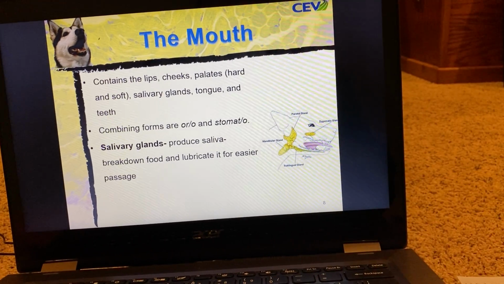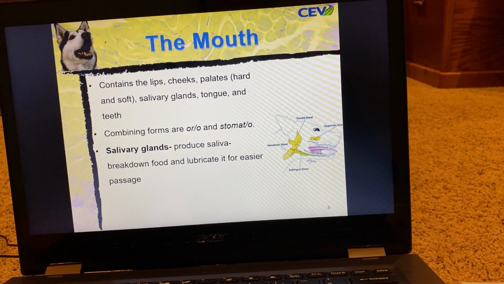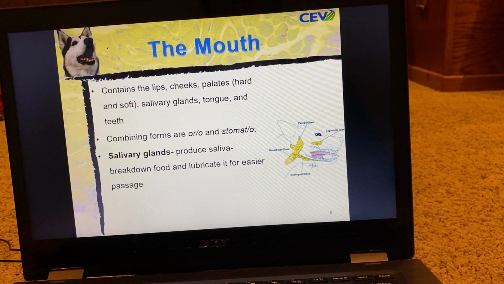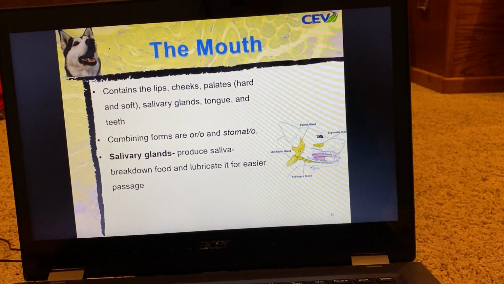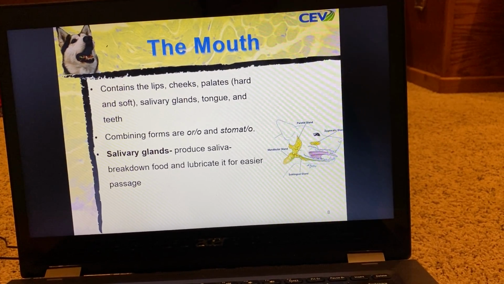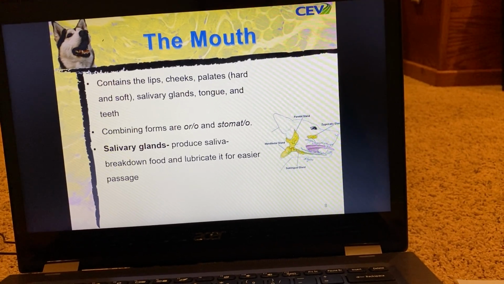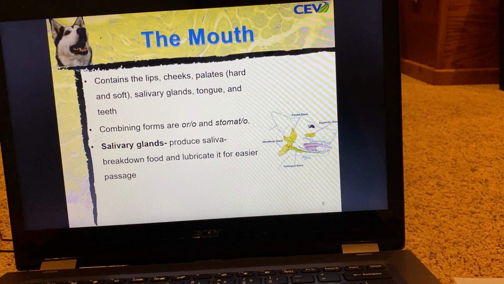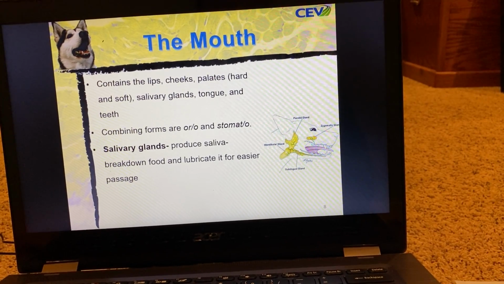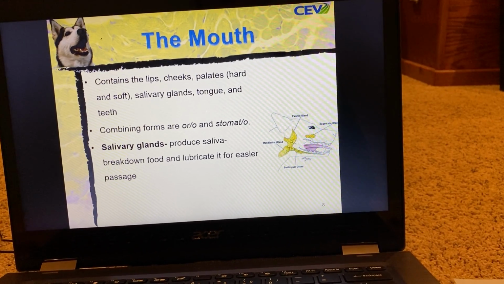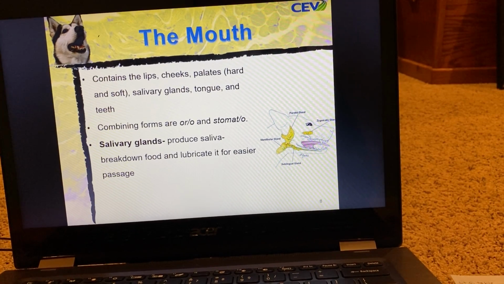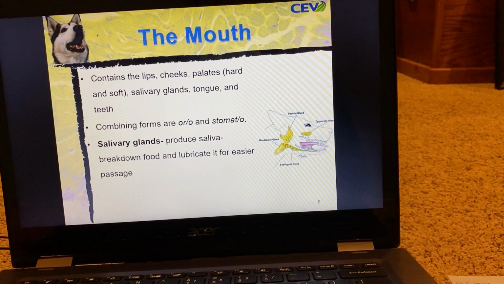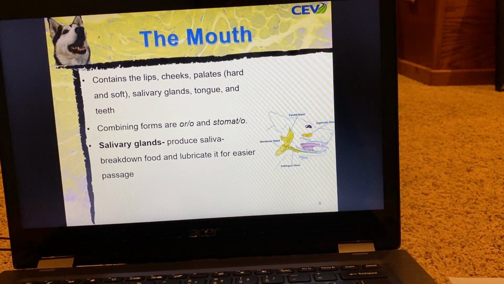That is going to produce saliva for us, and saliva actually does two things. Saliva actually starts to break food down. There's this gross experiment where you can take a cracker and, this is gross, spit on it, a good bit of spit, and then you go back a day or two later and look at it, and it actually broke that cracker down.